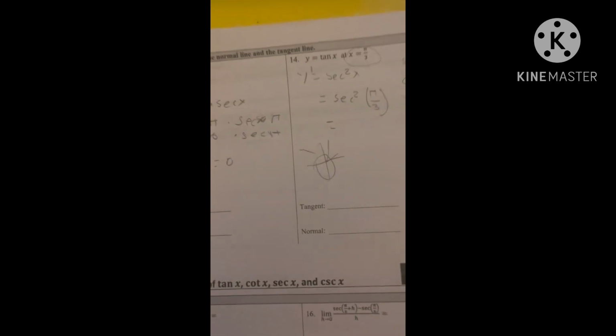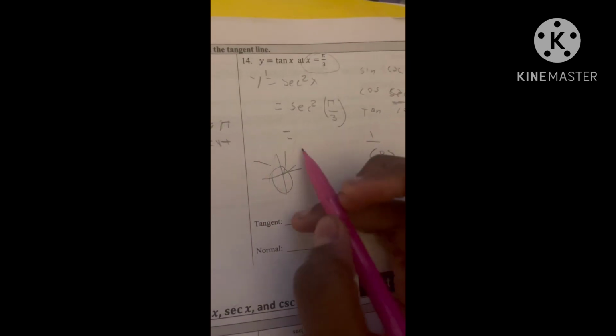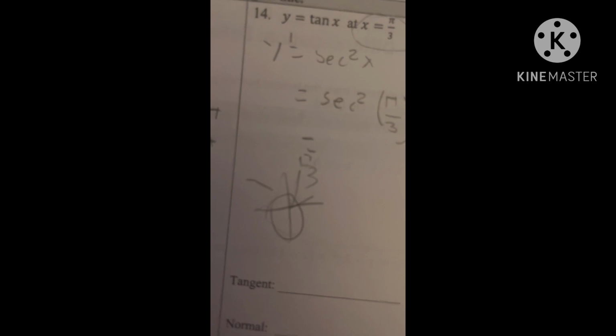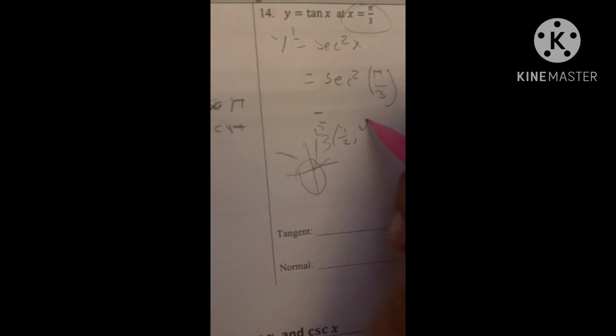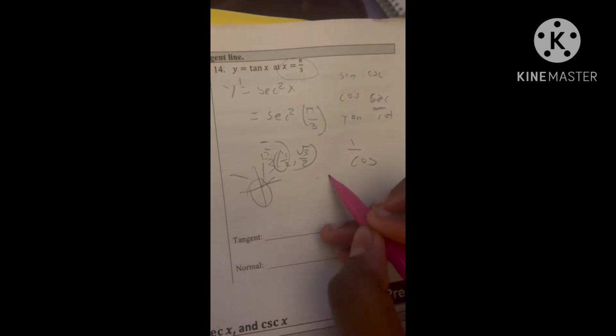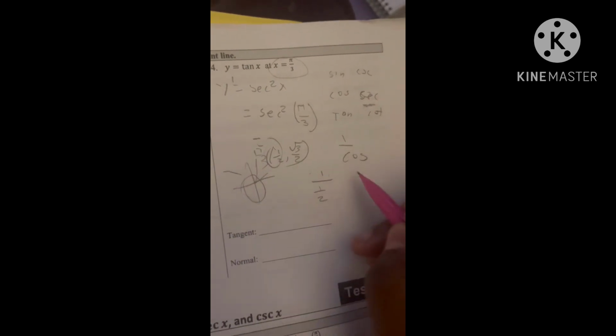I am not thinking properly right now, but this is pi over 3 over here, and the cosine will be 1/2. Basically, I'm just going to write the point, but you're taking the cosine, so it would just be 1 over 1/2.